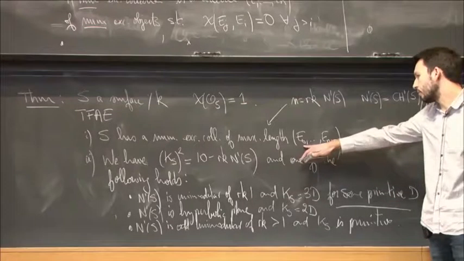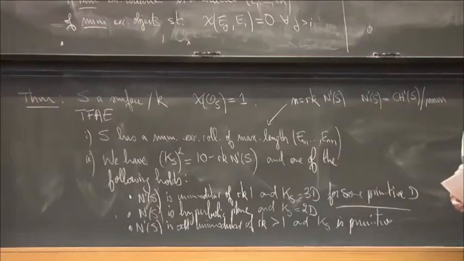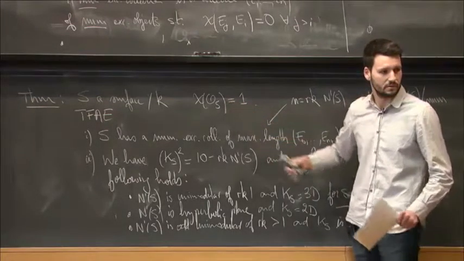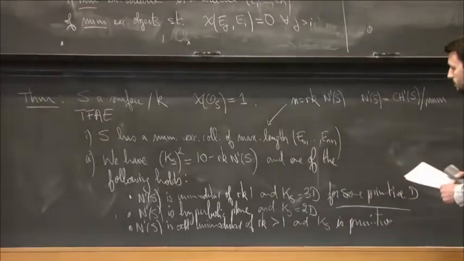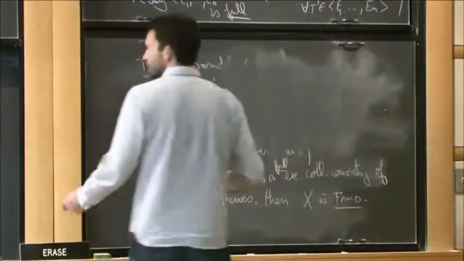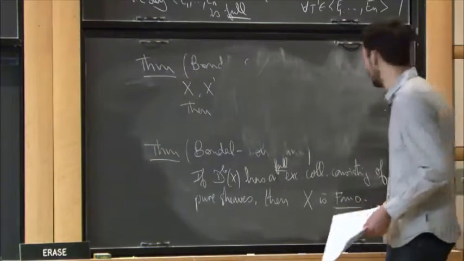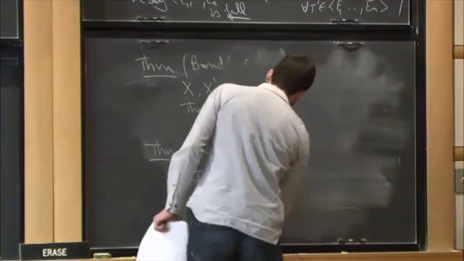But in general, if these are just complexes, then I don't see how to deduce that chi of O_S is 1. It's in some sense a minor assumption. It's kind of the key assumption to get exceptional collections anyway.